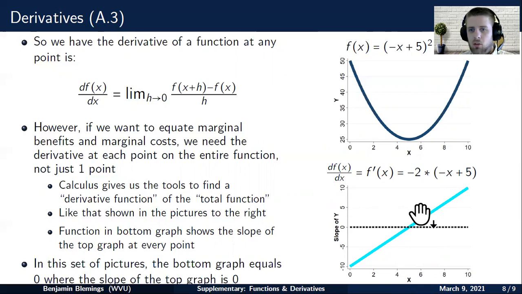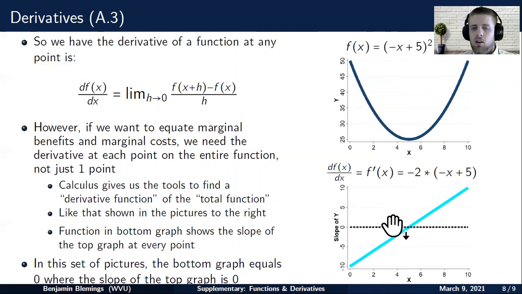And so that's why it's positive and getting more steeply positive here. And this graph on the bottom, you can get from the graph on the top if you know the equation of the function, using derivative rules, which is what I'm going to talk about next.